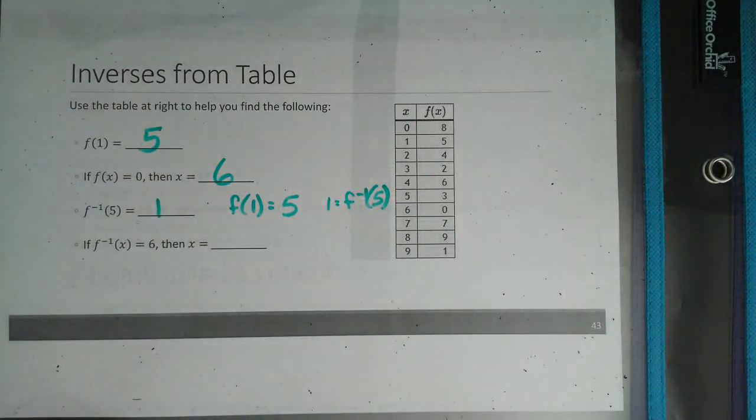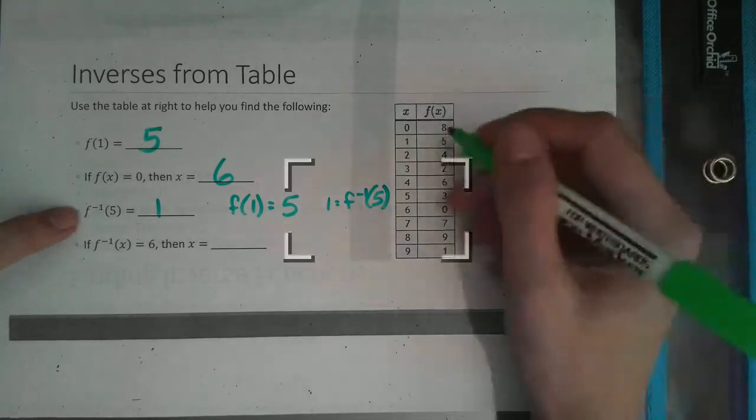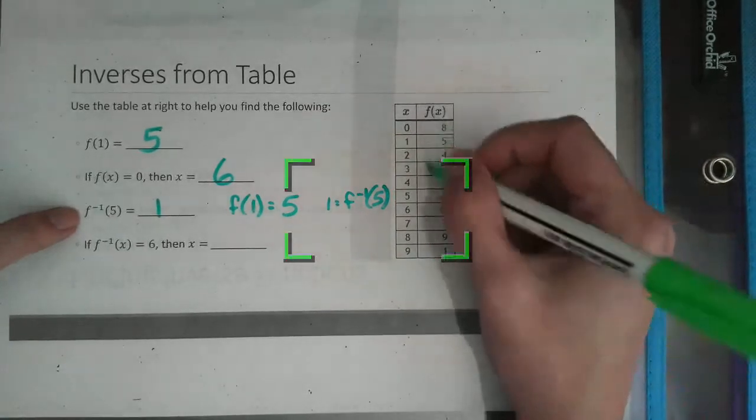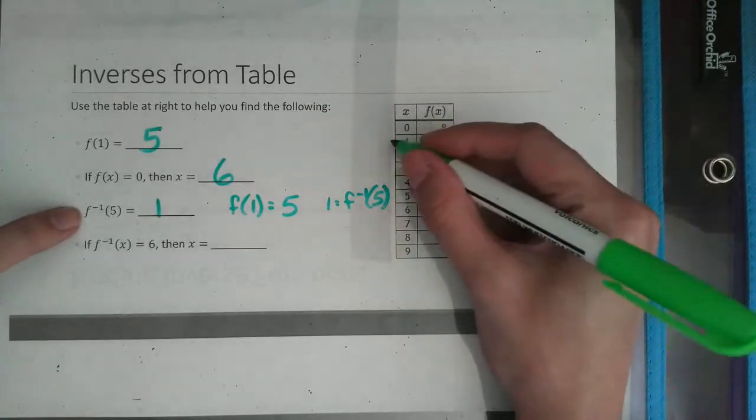Finally, we have if f inverse of x is equal to 6, then x equals. I'm going to use the last example because I think it's going to help us through this one. F inverse of 5 said start in the f of x column, go back to x.